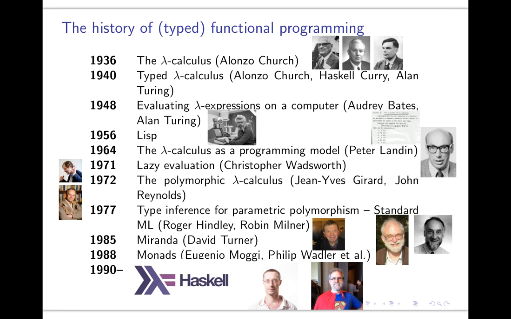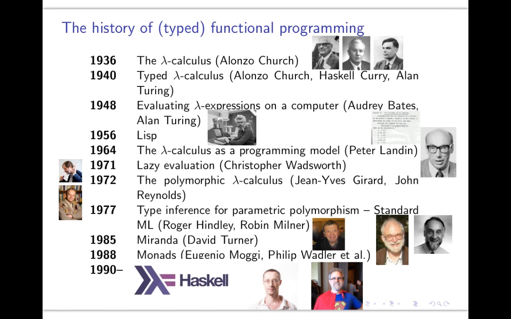When Alan Turing went to the United States to do his PhD, he met Alonzo Church, and Alonzo Church became his supervisor. So some of the first work on typed lambda calculus is due to Alonzo Church, but also to Alan Turing, and to Haskell Curry, who was one of Alonzo Church's other students.